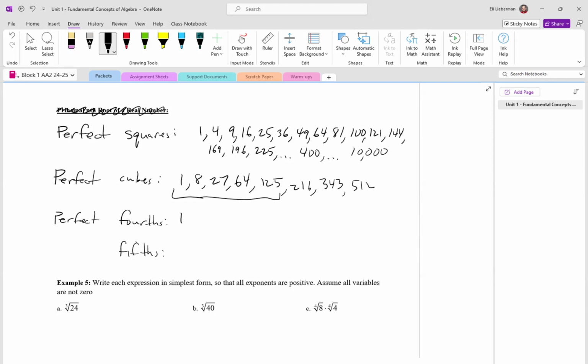But let's see if we can figure out what the perfect fourths are. How about you? Oh, yeah. So like 9 and then multiply that by 2, 18 times. Ah, yes.